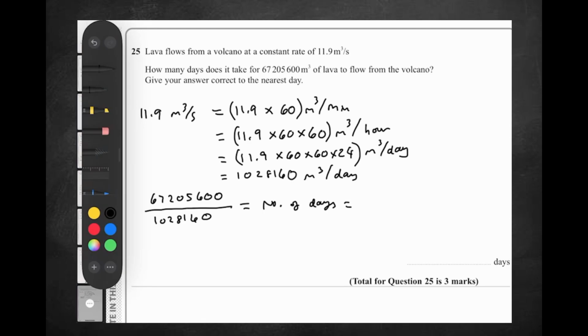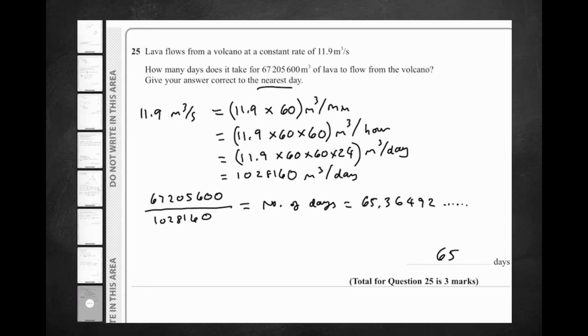I'm just doing this on my calculator. That is going to be 65.36492, etc. And they want it to the nearest day, so 65 days is the answer.